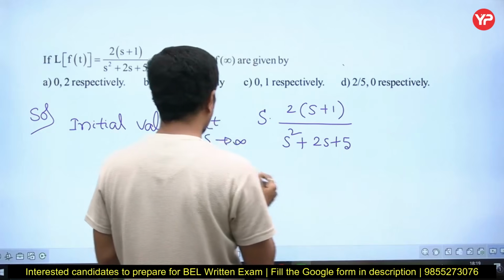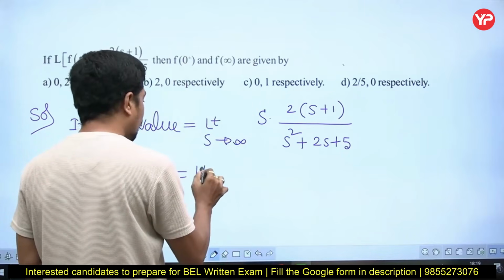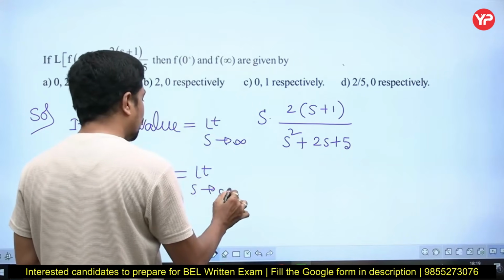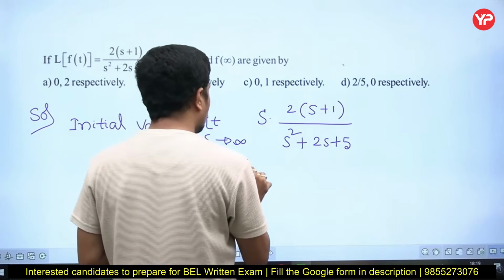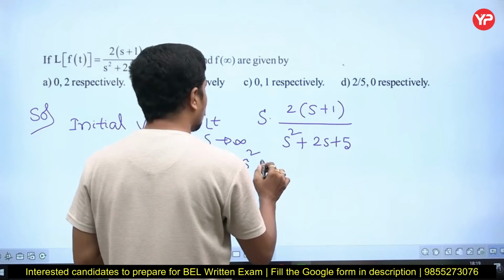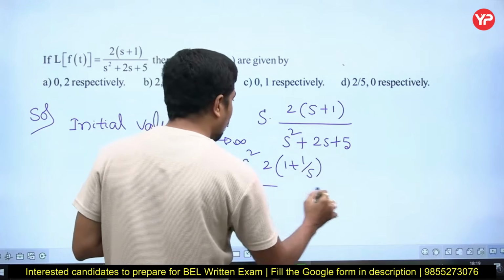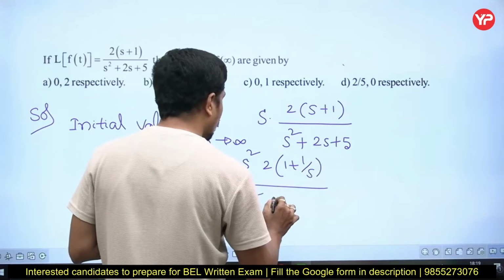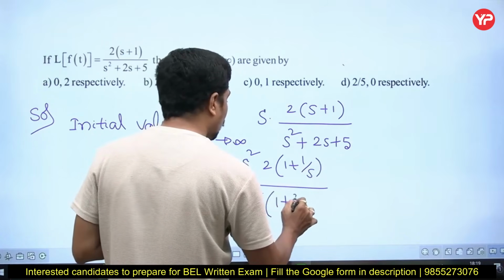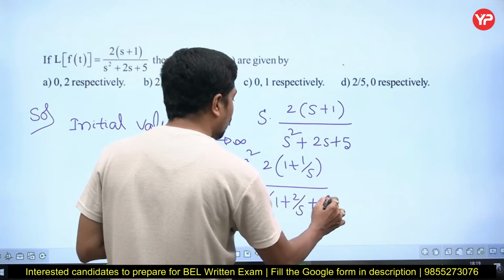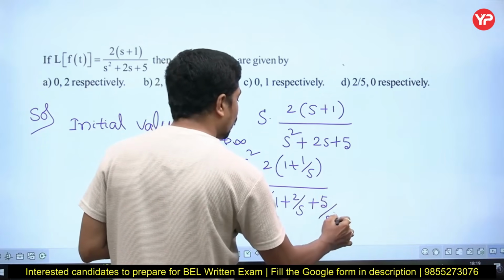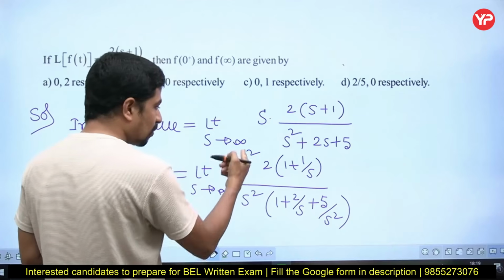Take s common: the numerator will be s square times 2 into (1 plus 1 by s), and in the denominator also take s square common, giving 1 plus 2 by s plus 5 by s square. The s square will get cancelled.